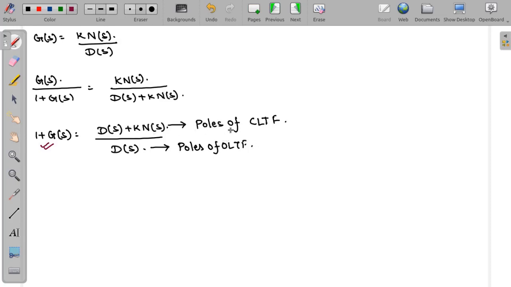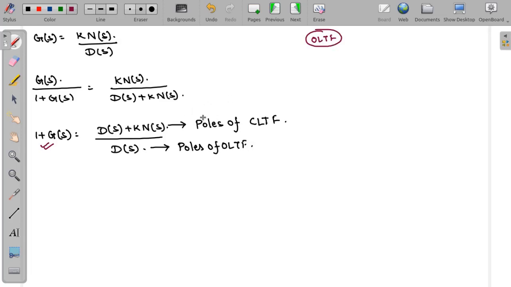Now when we are determining the stability of your CLTF from OLTF, the OLTF is given to us. Okay, OLTF is given to us. So from that we can determine the number of poles that are in the right half of S-plane.